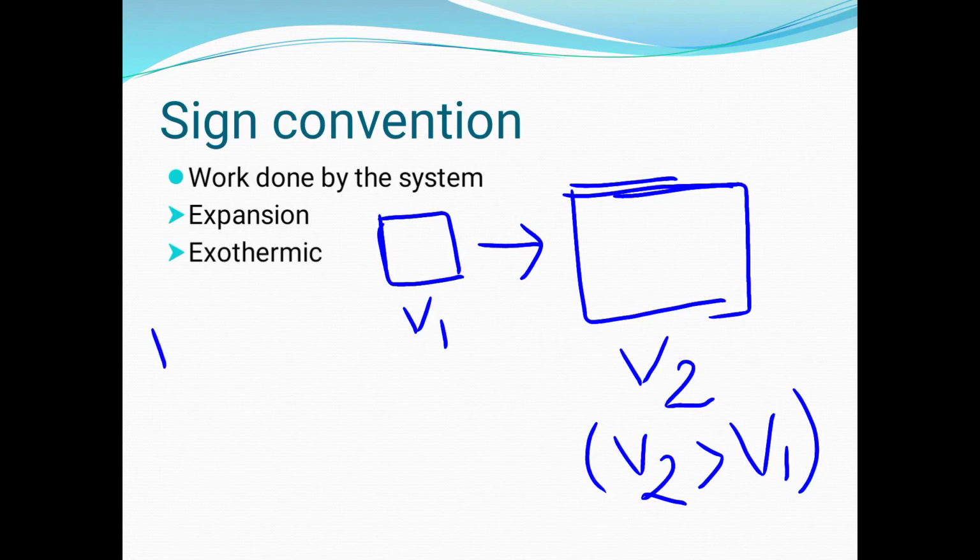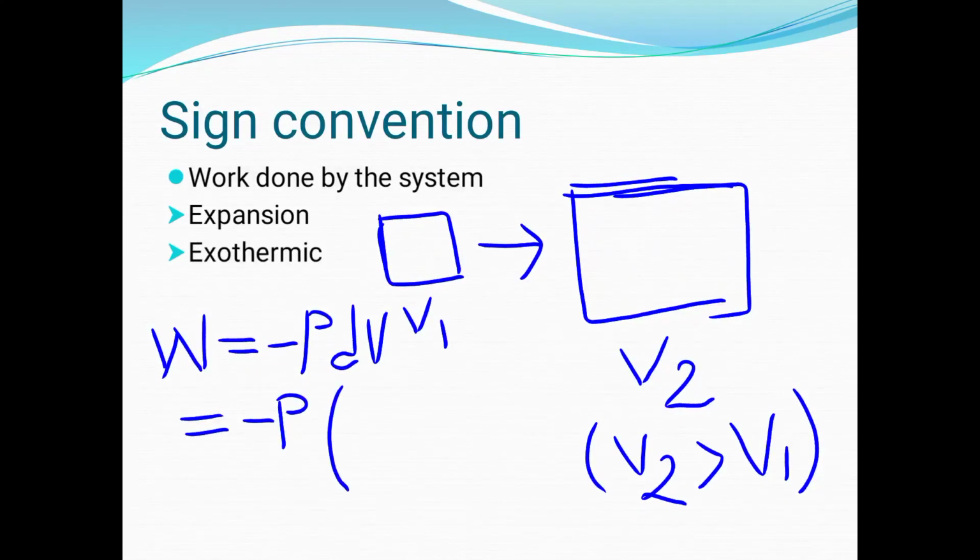So I take my work expression, wherein W is equal to negative PdV. Now negative P is at the side. Delta V or dV is given by V2 minus V1. Why? Because my V2 is greater.